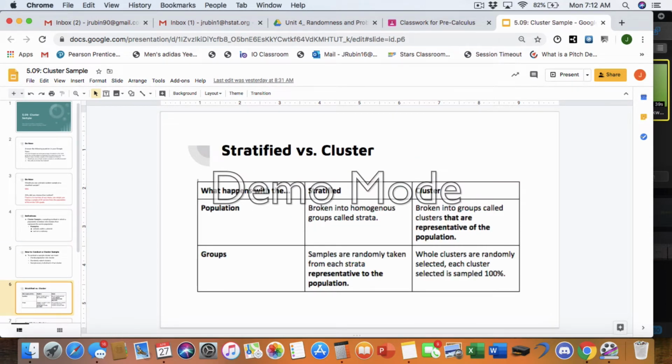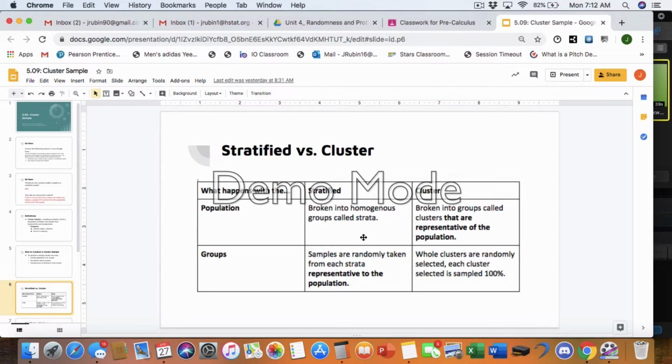So first, let's talk about the population. In a stratified sample, the population is broken into homogeneous groups called strata. In a cluster sample, we are broken into groups called clusters that are representative of the population. The best way to describe this would be if we're sampling, let's say, a school district in the city.